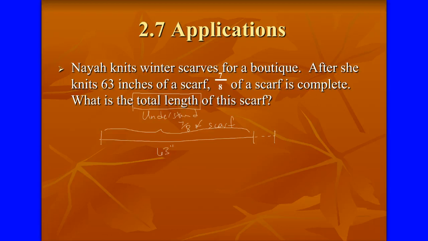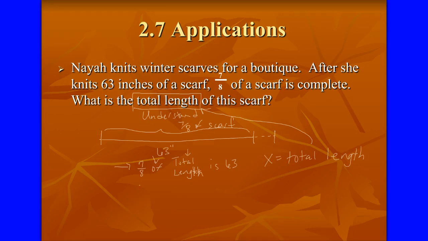So think of it like this. 7/8 of the total length is 63. Well, we don't know what the total length is, so that's going to be our variable. And we also know that the variable happens to be this thing that we are trying to find. So if we can find x, we will have found the total length of the scarf.